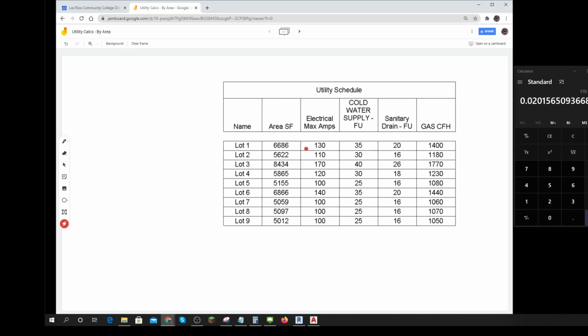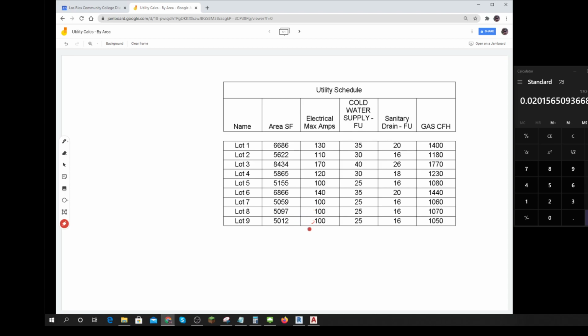So I need to know how I got from this area number to amps, and hopefully it's the same way every time. If it's not, I've got to really do some digging to figure it out. But if it's an easy, simple calculation that is the same every time, then we'll be pretty good.